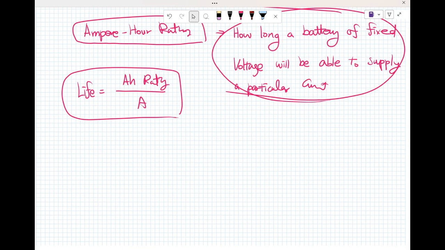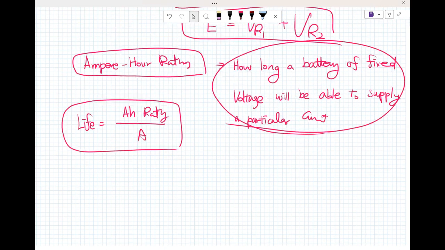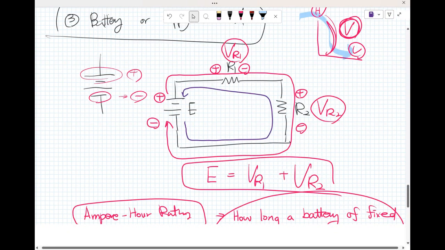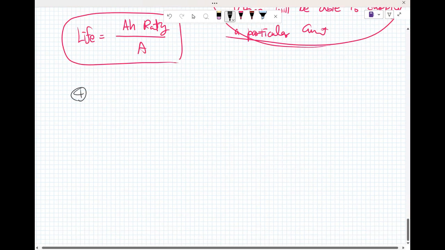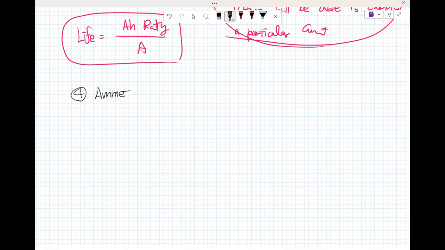Also insulator, conductor, semiconductor, which is very important. And there is one more concept we have to know. Fourth is the ammeter and voltmeter.